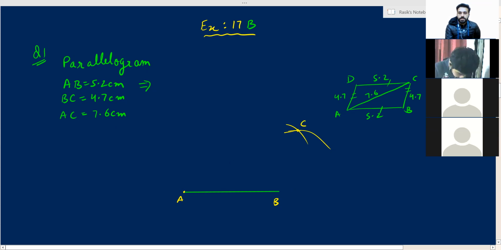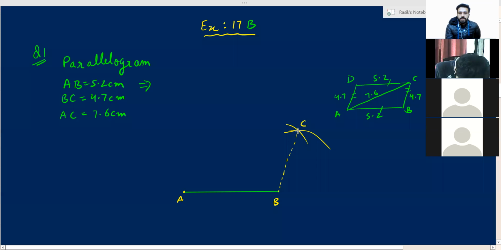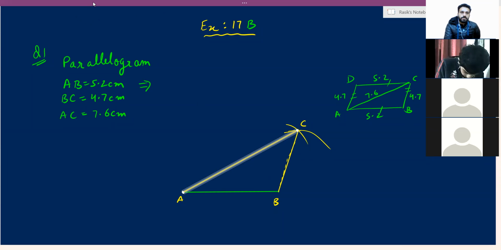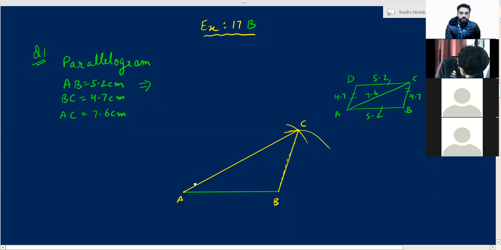We have already done this type of thing in the previous exercise. So BC is one of the sides. Join BC. We can also join diagonal AC. AC is the diagonal. If you want, you can make it a dotted line.